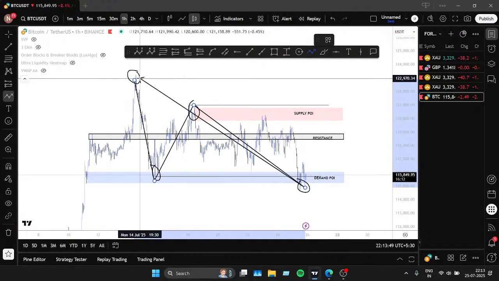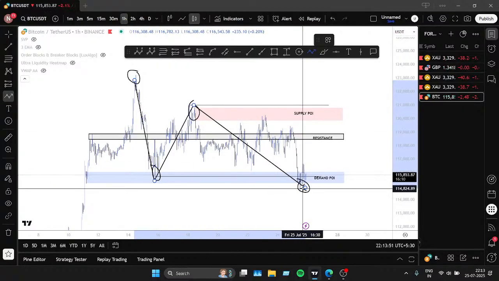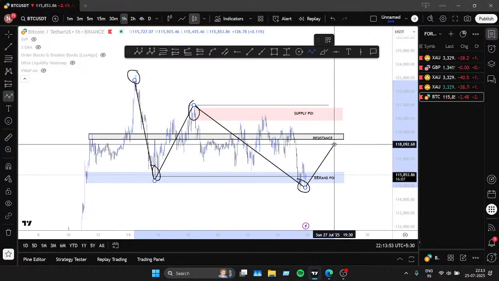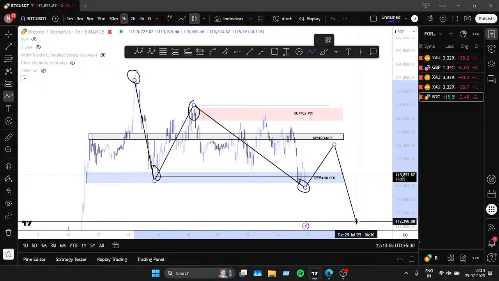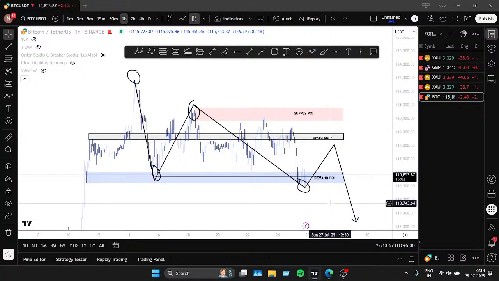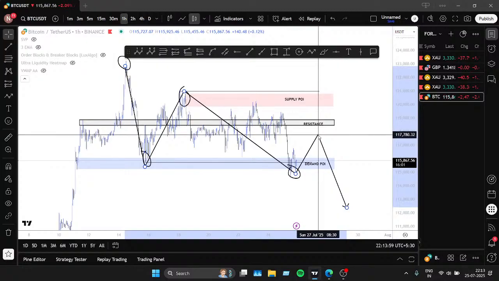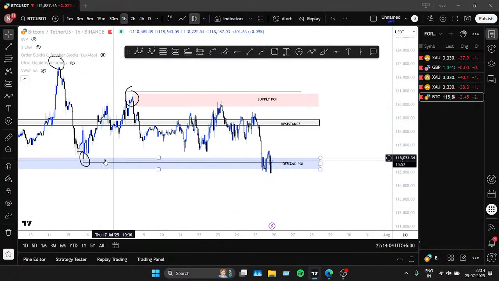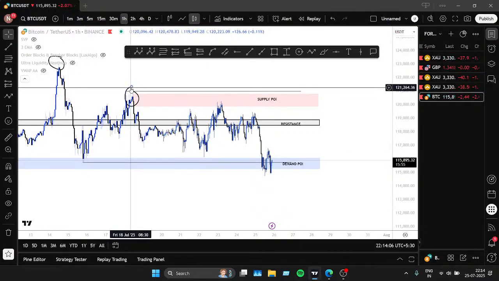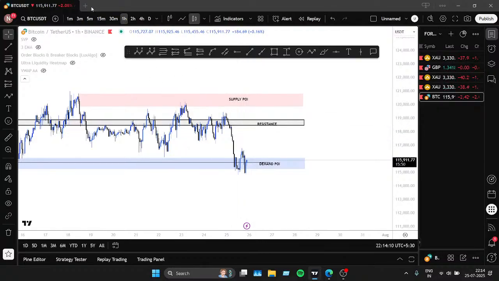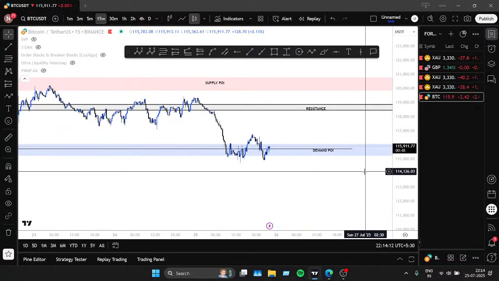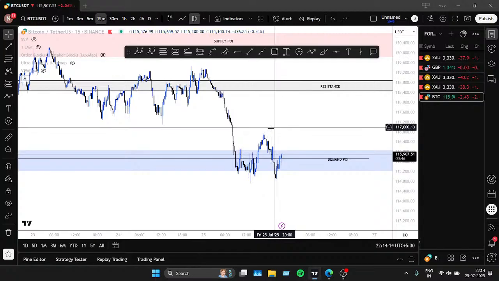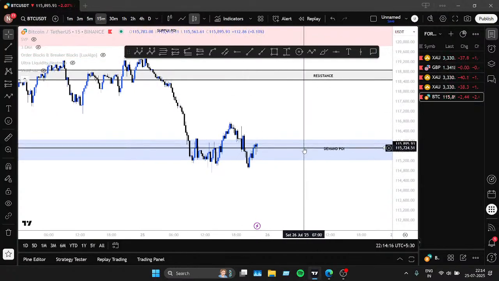Lower high, lower lows, lower highs, and lower low. Simple wave structure. So market could fall more, there's a potential. So yeah, let's look into it. But right now, I can see some buyers stepping into the market from this key demand zone. But right now, there's no particular trade signal I've got for you guys.